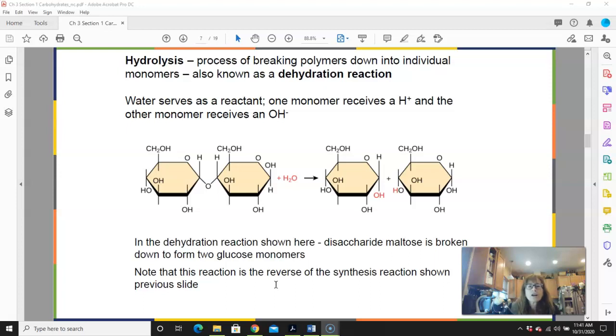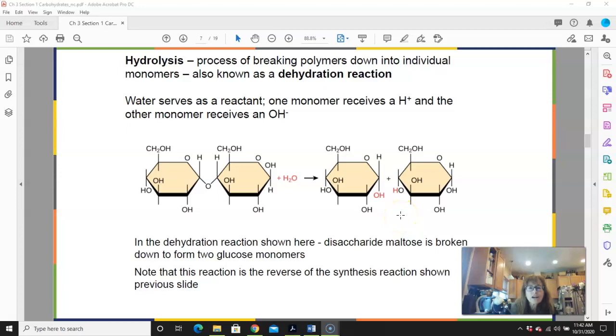Now, hydrolysis is the opposite. So let's take what we just talked about, maltose, and let's convert it back into those two individual glucose units. And that can happen when water is added to the reactant side of the equation. So you can see that water is on the reactant side. No longer is it on the product side because it's already now within these two individual monomer units.